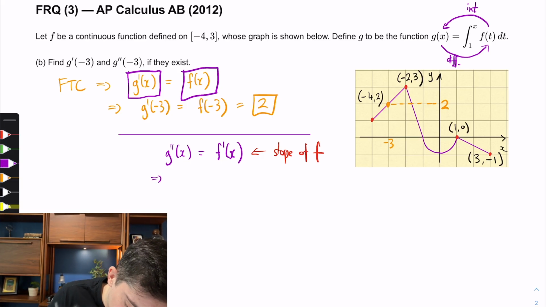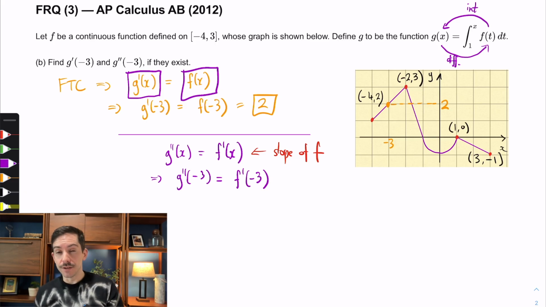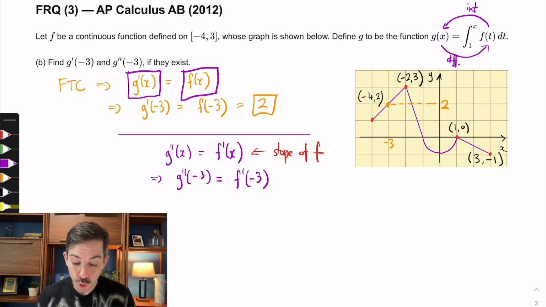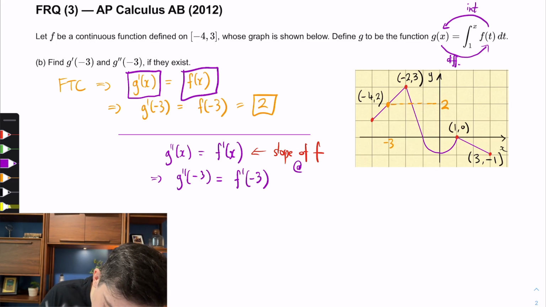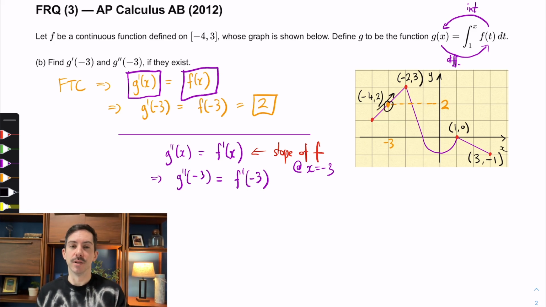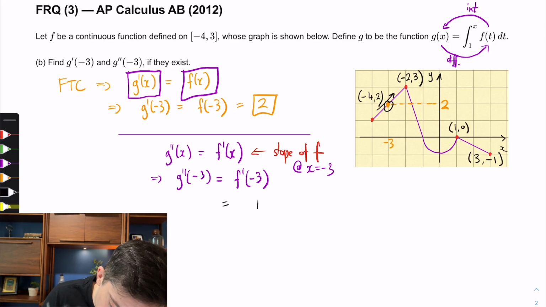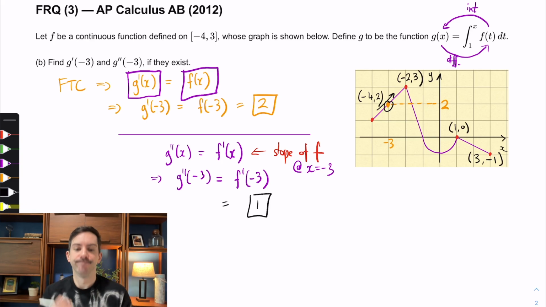So in particular, if I want to know g double prime of negative 3, that will be f prime of negative 3. So I want to know what the slope of f is at x equals negative 3. Well, we're in luck because at that point on the graph I've got a nice straight line segment. The slope is 1. I can work that out from the graph. So that is my value.